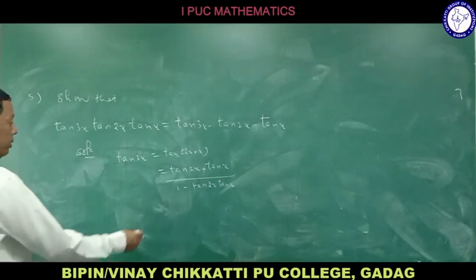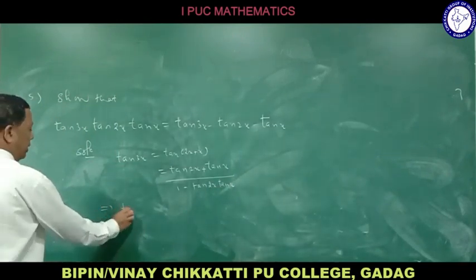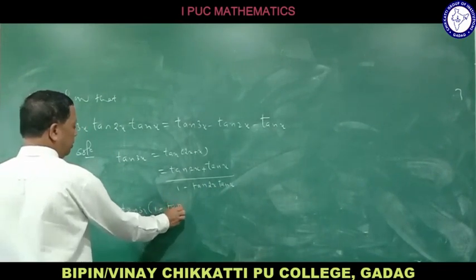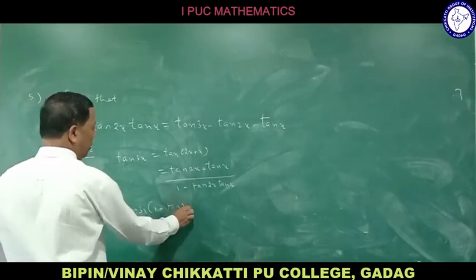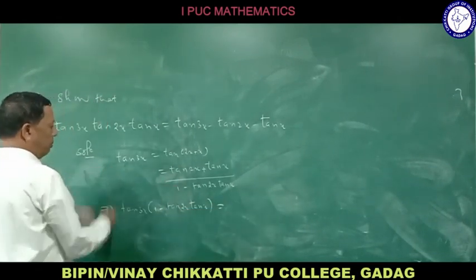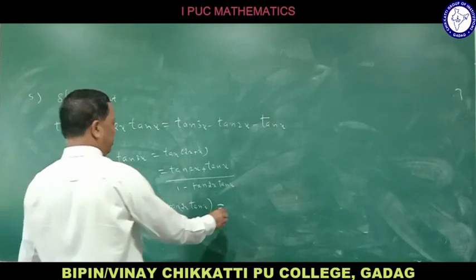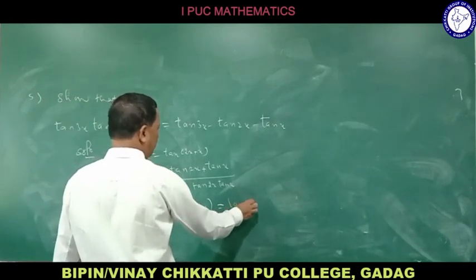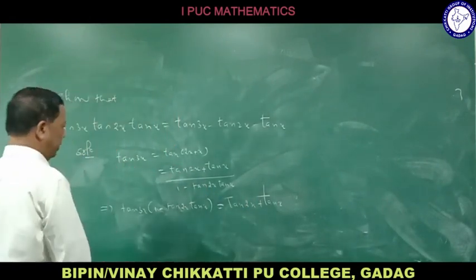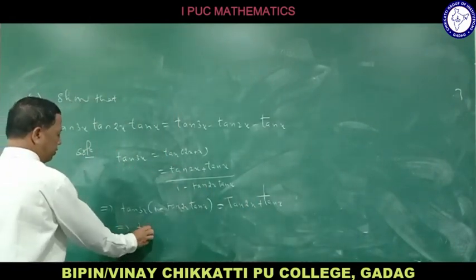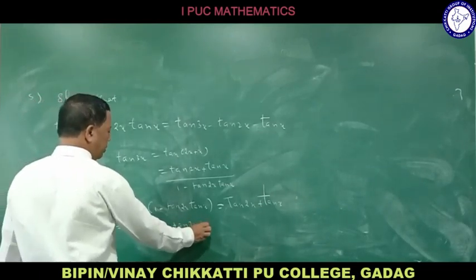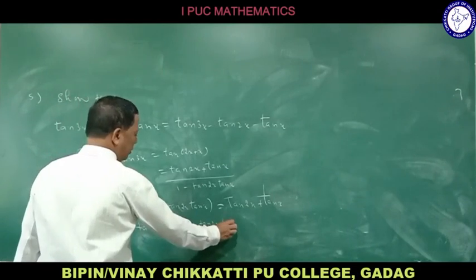Now take cross multiplication: tan 3x into bracket 1 minus tan 2x tan x is equal to tan 2x plus tan x. Multiplying, what do you see here? Tan 3x minus tan 3x tan 2x tan x.